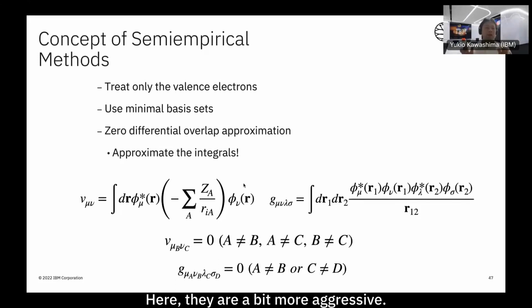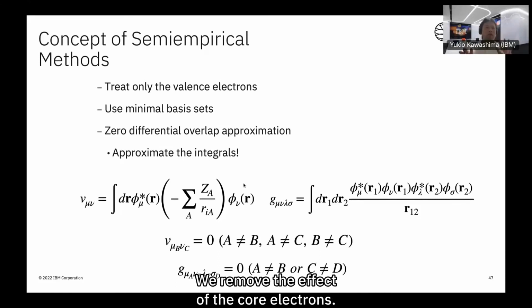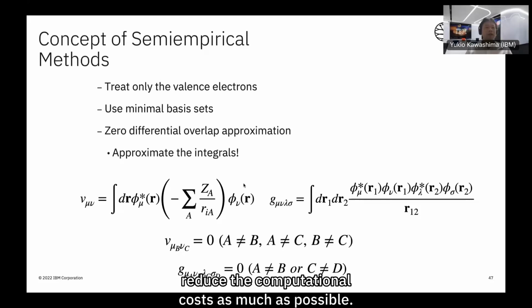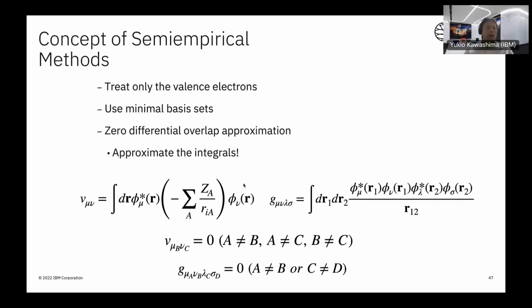Here, they are a bit more aggressive. We remove the effect of the core electrons. And we also use the minimal basis sets to reduce the computational costs as much as possible. And also we introduce another approximation, the zero differential overlap approximation.